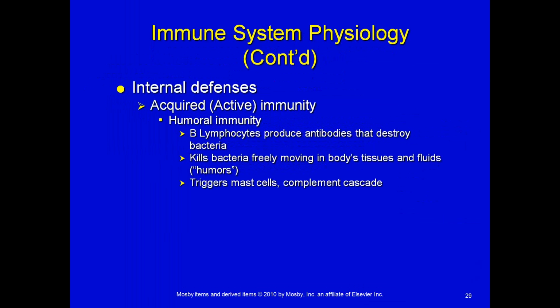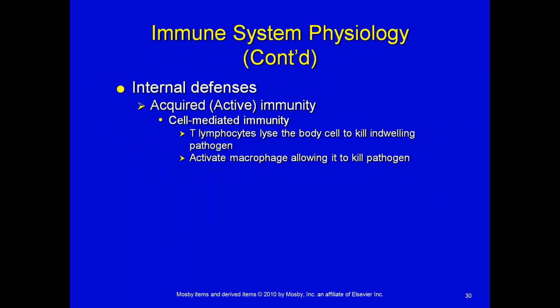So mast cells release those inflammatory chemicals like histamine and bradykinin and those sorts of things. You can have cell-mediated immunity, and that's where T lymphocytes lyse the body cell to kill the indwelling pathogen. And with T lymphocytes, they activate macrophages. Macrophages kill the pathogen by consuming it.